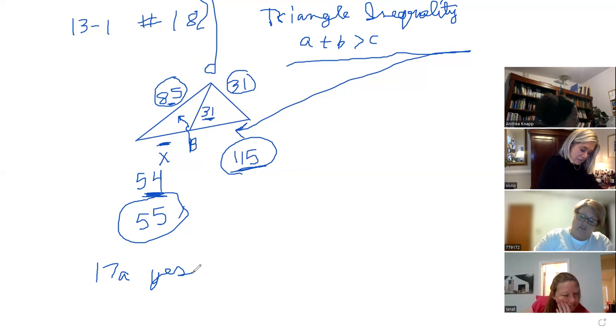Yes. So A is a yes. Now let's check B. Is 10 plus 40 greater than 50? No, it's equal to 50. So that would be a flattened out line or segment, not a triangle.